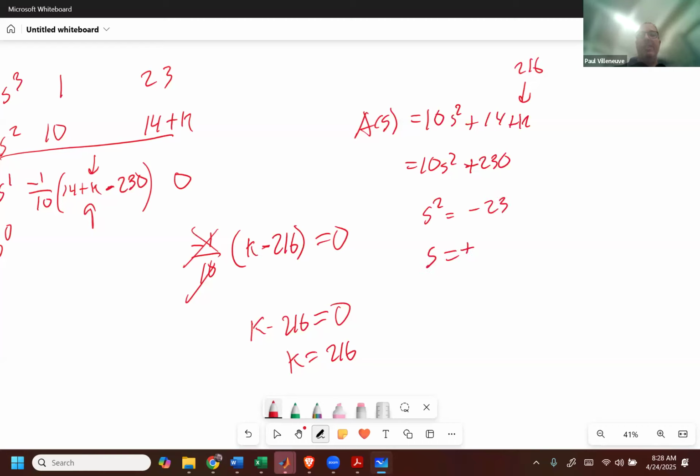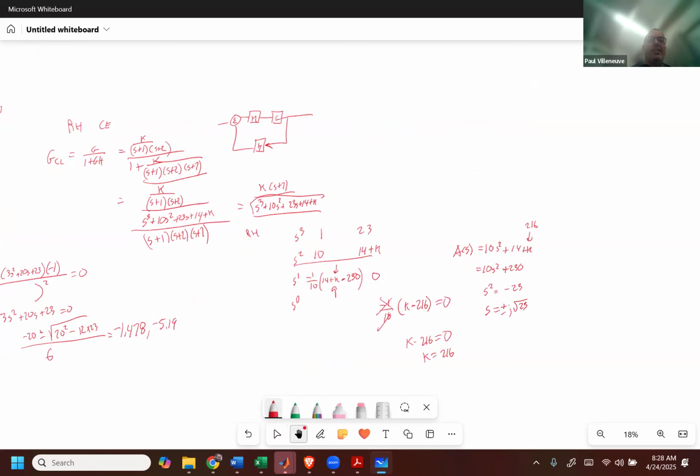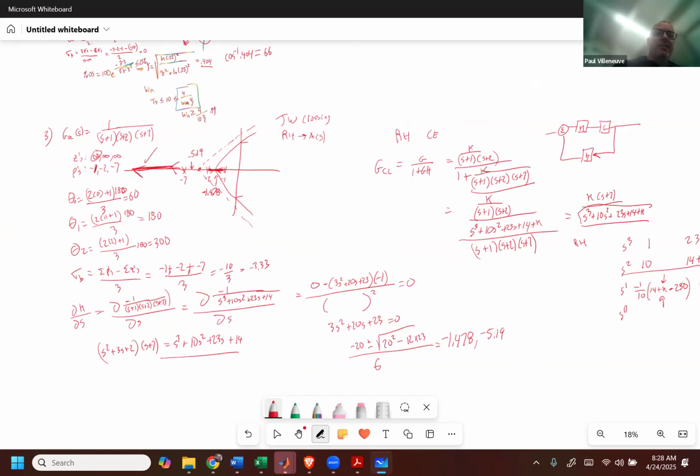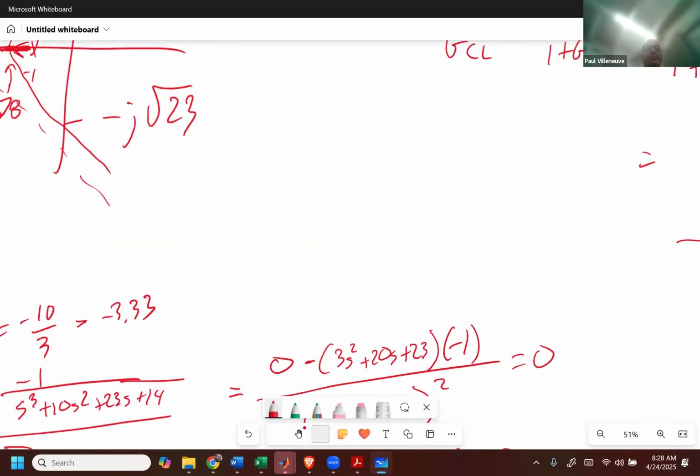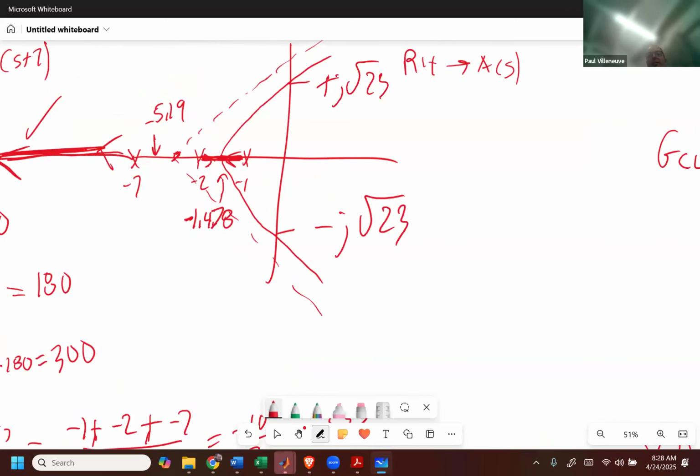So s is plus or minus j square root of 23. So where that crosses is plus j square root of 23 and minus j square root of 23. And that's pretty much all you could do to build our root locus.